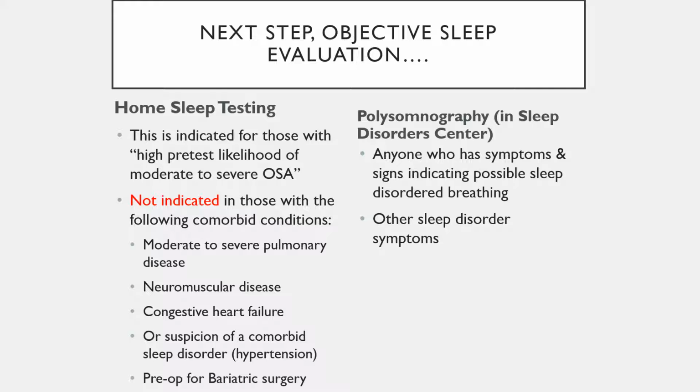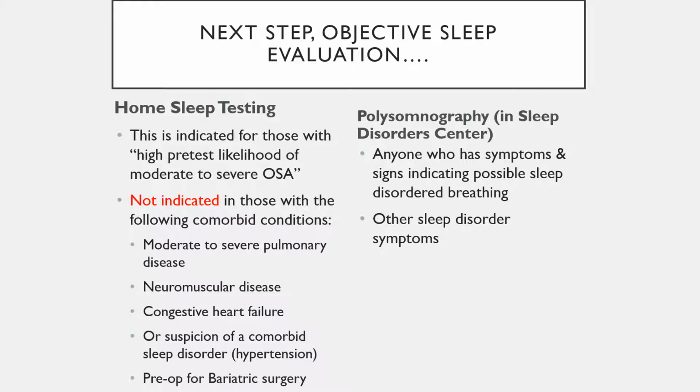Now, home sleep testing is not indicated in those with the following comorbid conditions. If they have moderate to severe pulmonary disease, this could be emphysema, COPD, chronic bronchitis, interstitial lung disease, any of those. If they have neuromuscular disease, an example would be ALS, Guillain-Barré syndrome, myasthenia gravis.